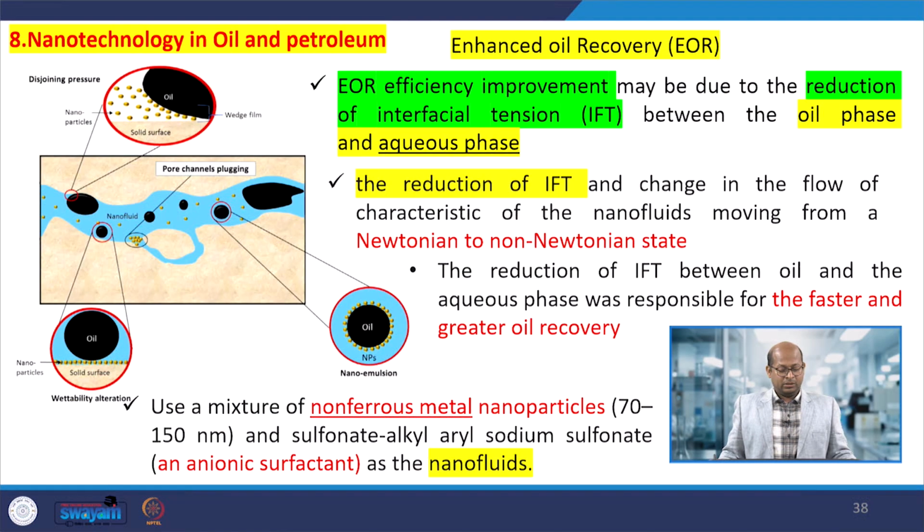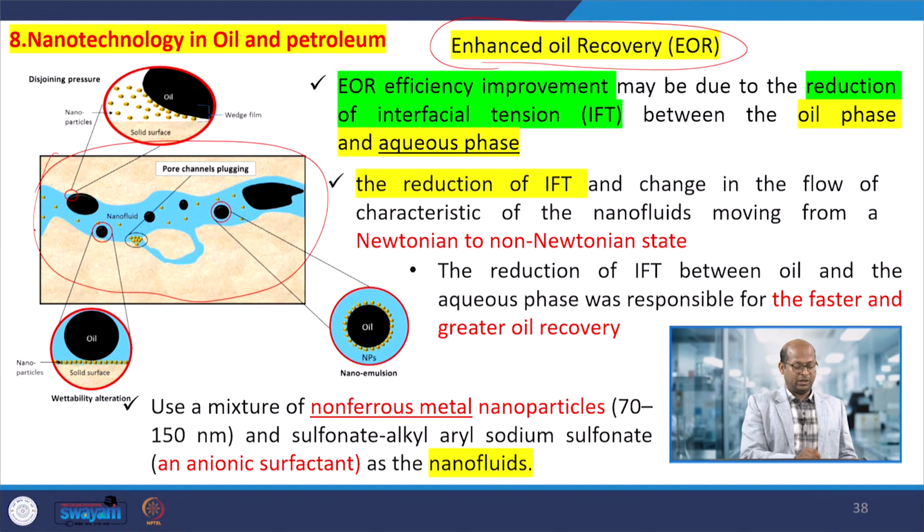And enhanced oil recovery I said, for enhanced oil recovery from the rig where oil is present. There we can pass the nanofluids. Here you can see a structure underground where oil is present, this black one is oil, and this green one is the nanofluid we can pass, and these are the nanoparticles.